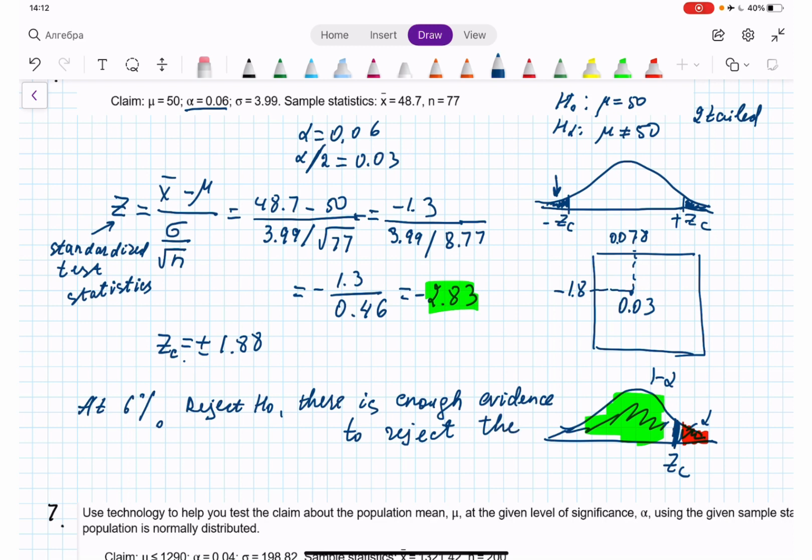It says mu is equal to 50. That's the null hypothesis. So we practically compared Z standardized to Z critical, and Z standardized falls in the rejection area. Okay. Question number 7.